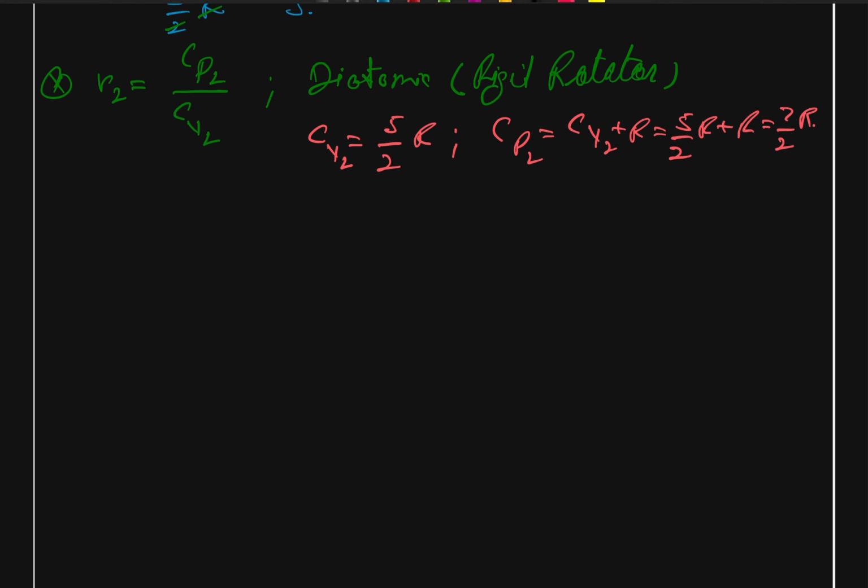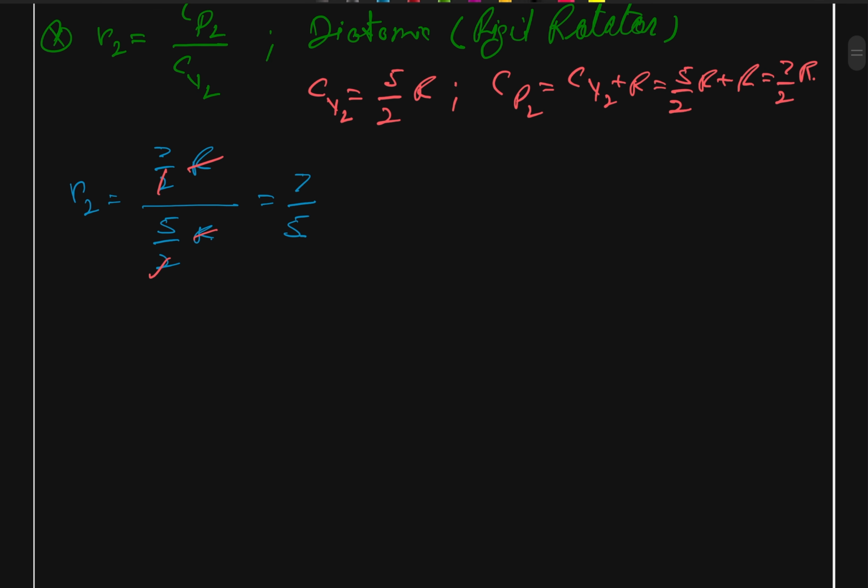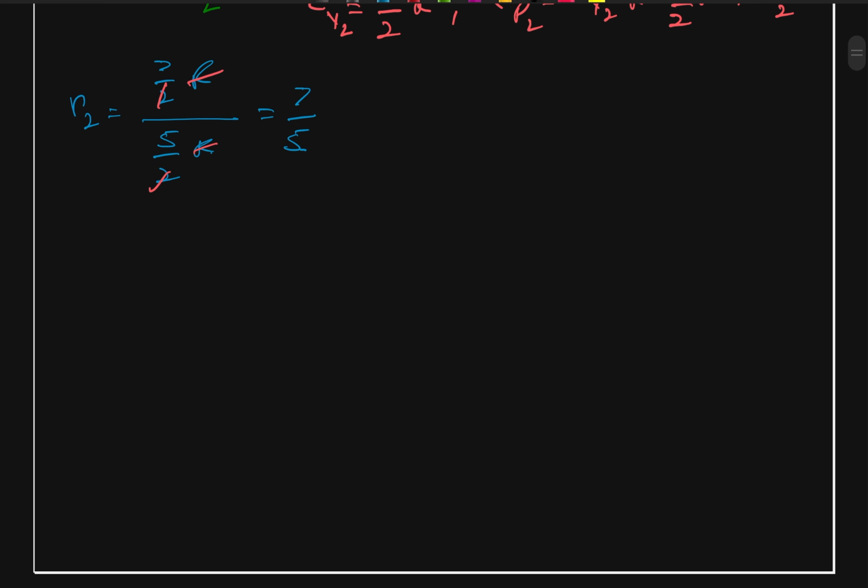Therefore, gamma 2 will be equal to 7/2 R over 5/2 R. Here R and 2 and 2 cancel out. This comes as 7/5. And we need the ratio of gamma 1 to gamma 2.